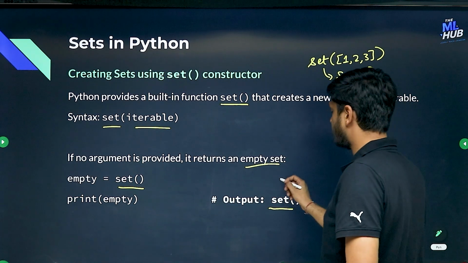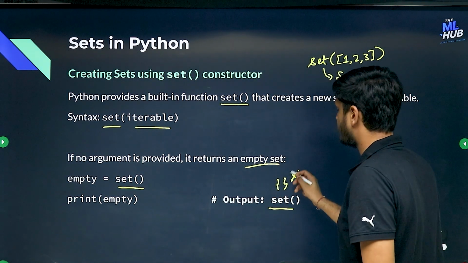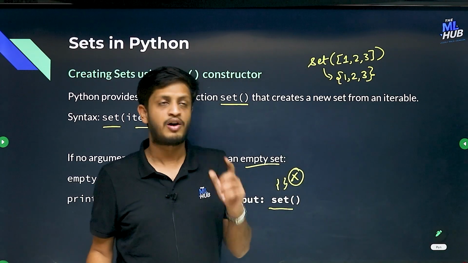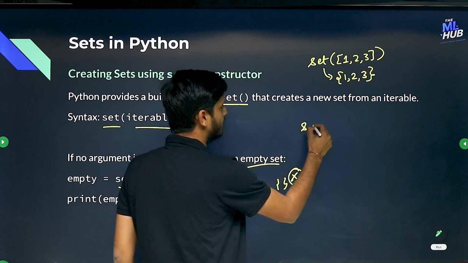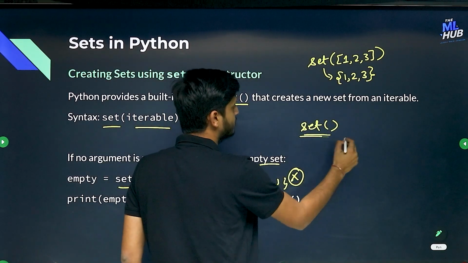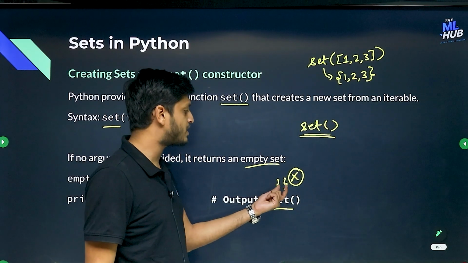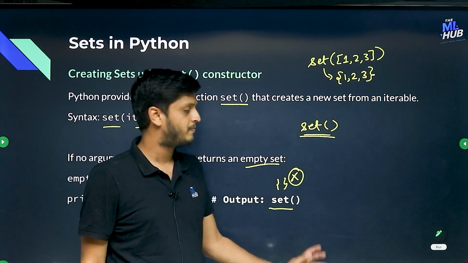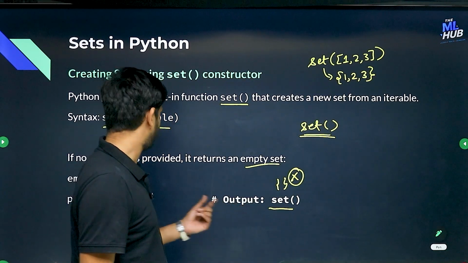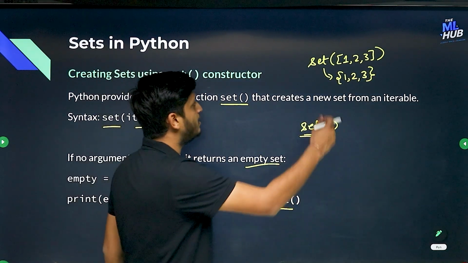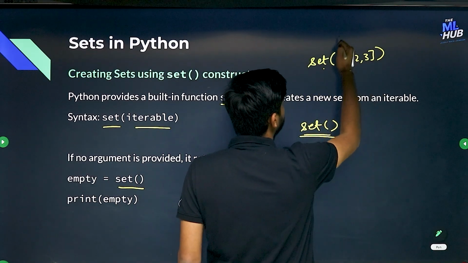It will not print curly brackets because curly brackets are not used to create an empty set. An empty set in Python is always represented like this, set(). So the output will be set(), which means it is an empty set.